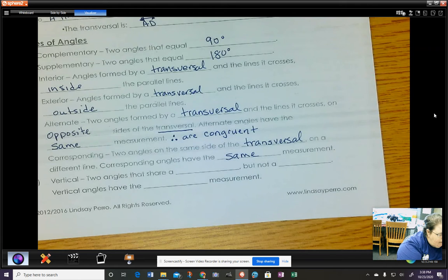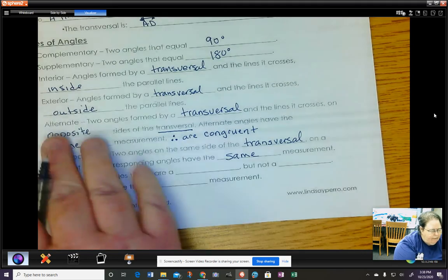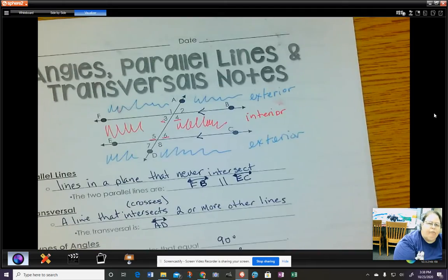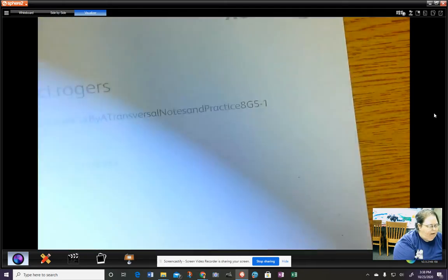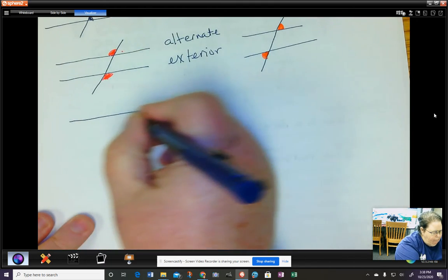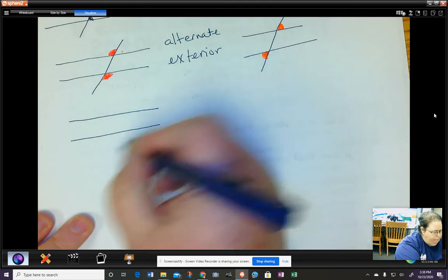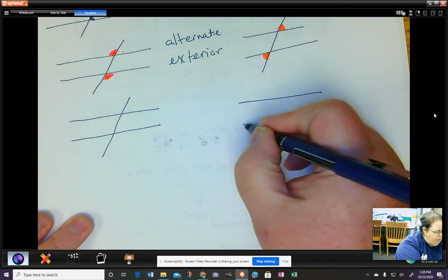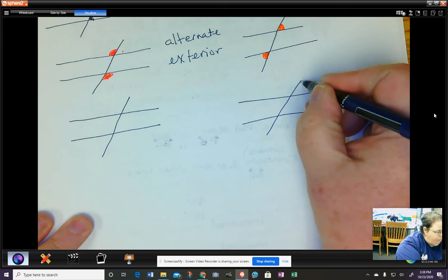Okay, I missed a line. Two angles on the same side of the transversal on a different line. Corresponding angles have the same measurement. And let's turn over to the back again. We're not going to look at that picture. We're going to make our own. So I'm going to draw a pair of parallel lines with a transversal.